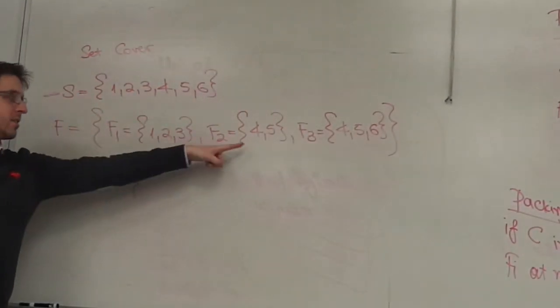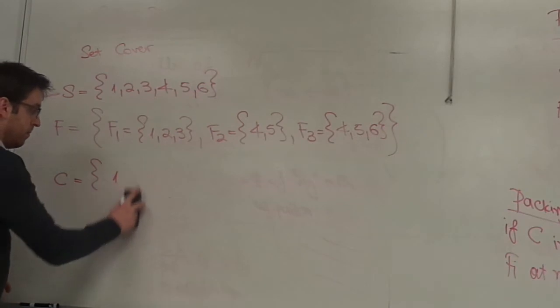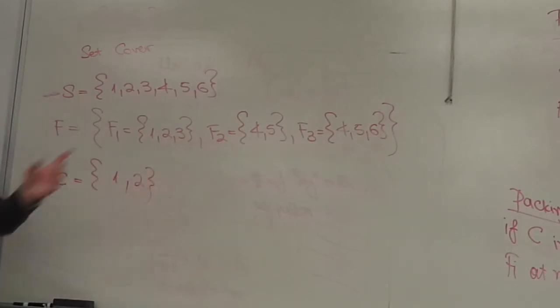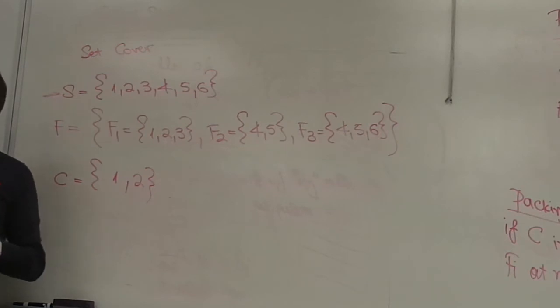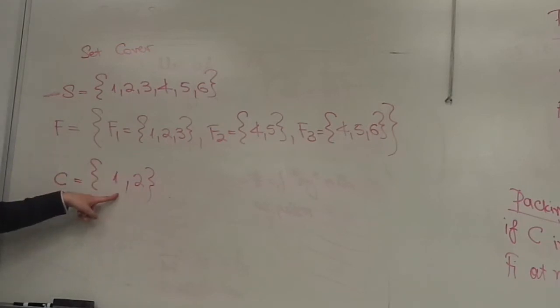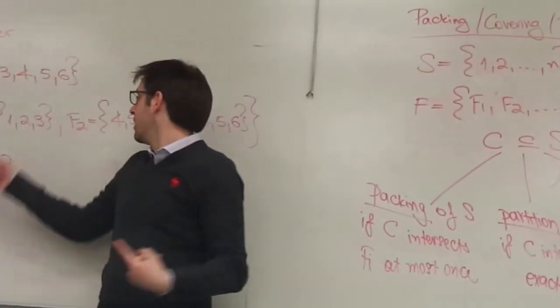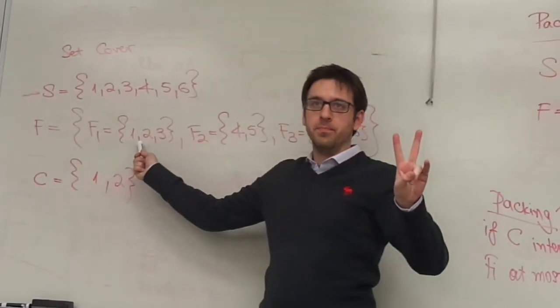Right? At most once, 0, 0. But this is not a packing. Because it hits one element, it hits one family. So this is not a packing. A packing has to intersect each family at most once. It hits the first family twice.